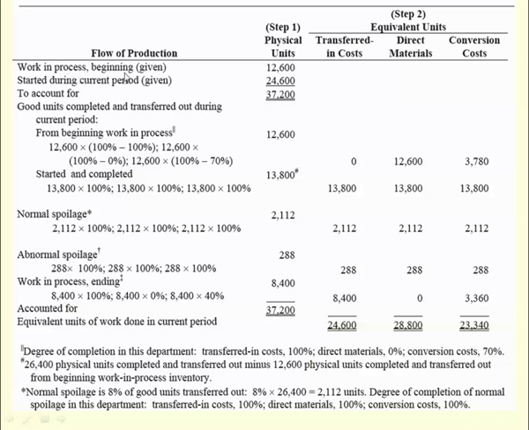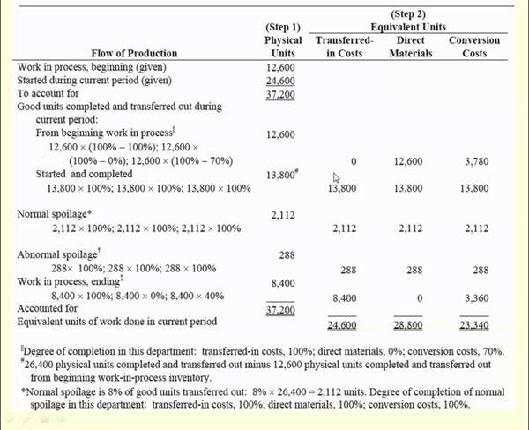Work in process beginning, given 12,600 units. Units started during current period, 24,600. Total number of units to account for is 37,200 units. Good units completed and transferred out during current period, first from work in process beginning.